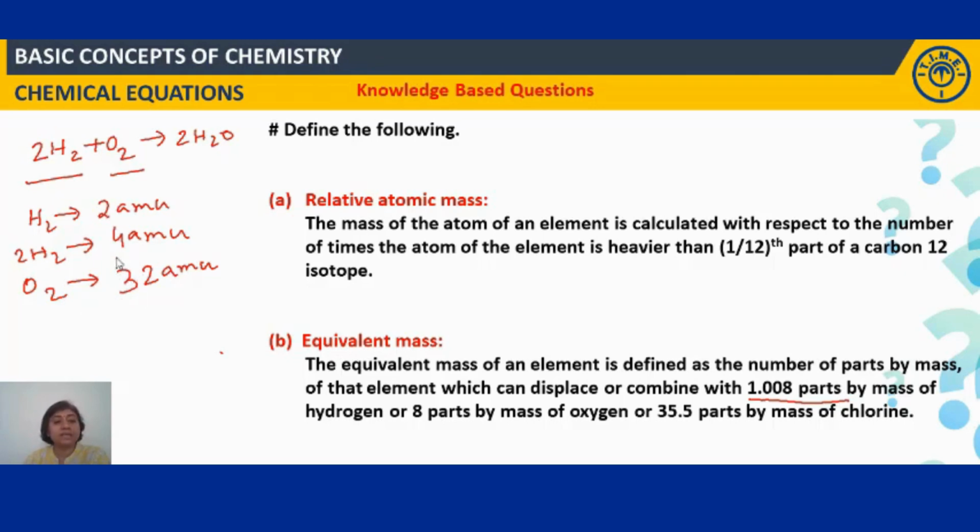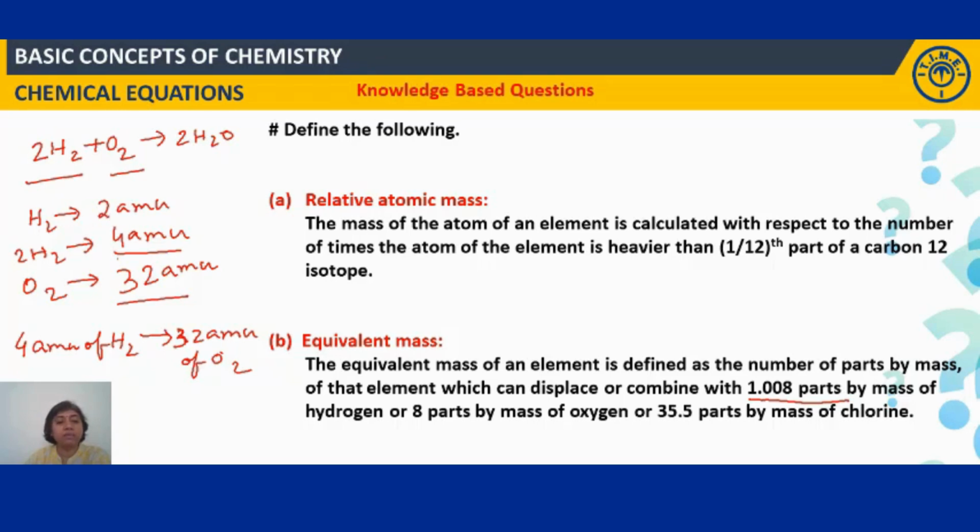So we can see that 4 AMU of hydrogen is combined with 32 AMU of oxygen. Clear?